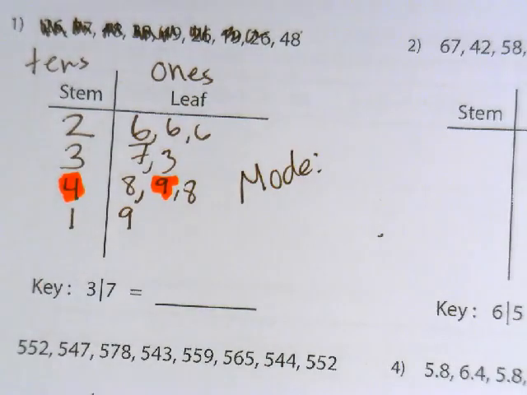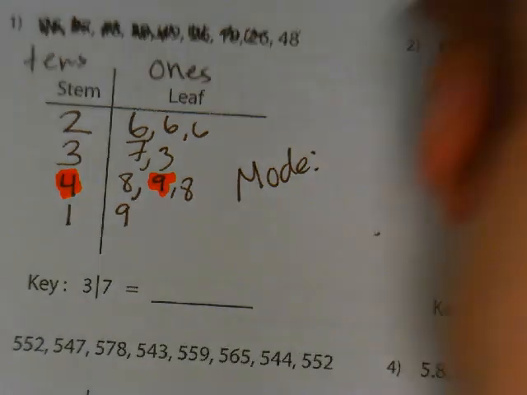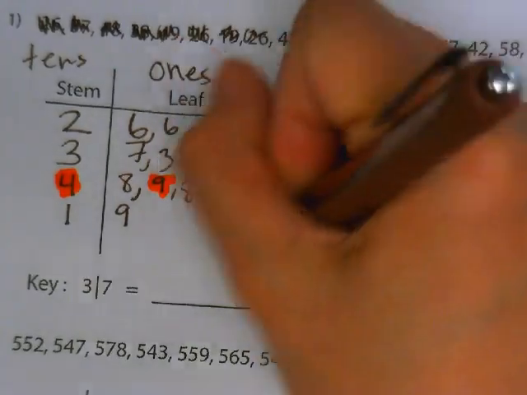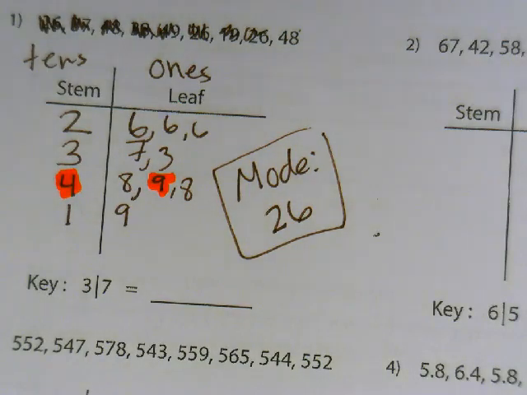Can you figure out what the mode is? Which number repeats the most? Not 6. It's a hidden 26. So our mode is 26.